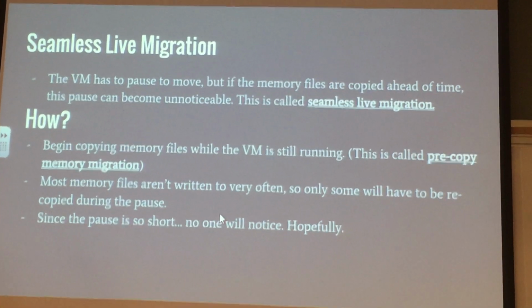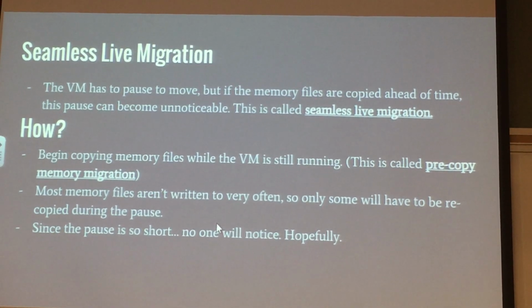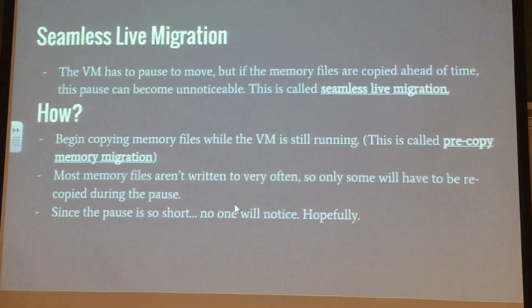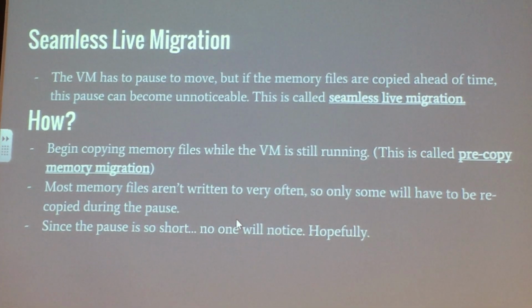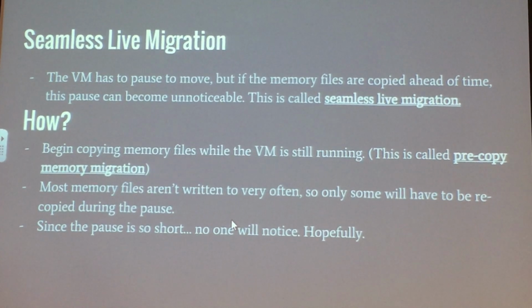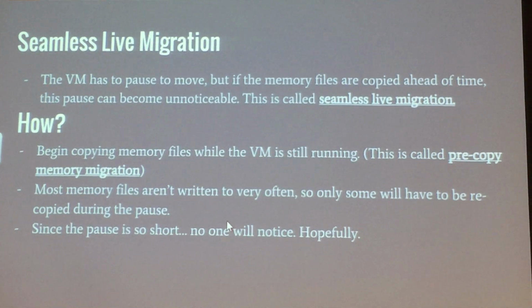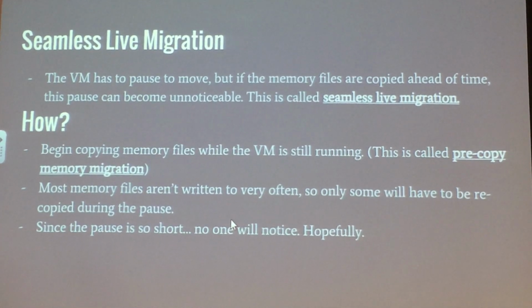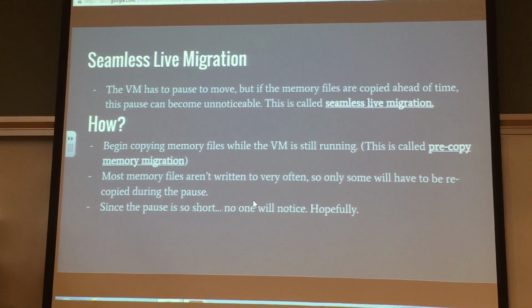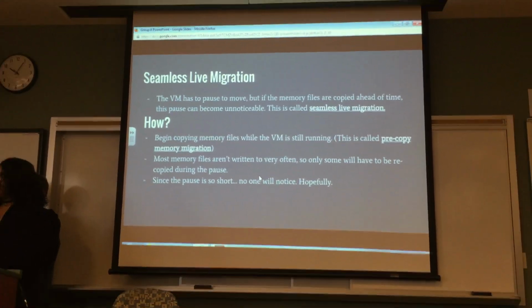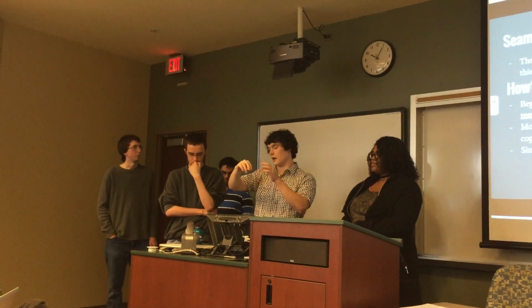This can be helped by seamless live migration, which can basically preemptively, every time something is written, copy it to both machines, I think when it's expecting it needs to switch. So that's called pre-copy memory migration. Basically, in the background it copies the files that aren't currently being used, and it flags the ones that have been changed while it was migrating.